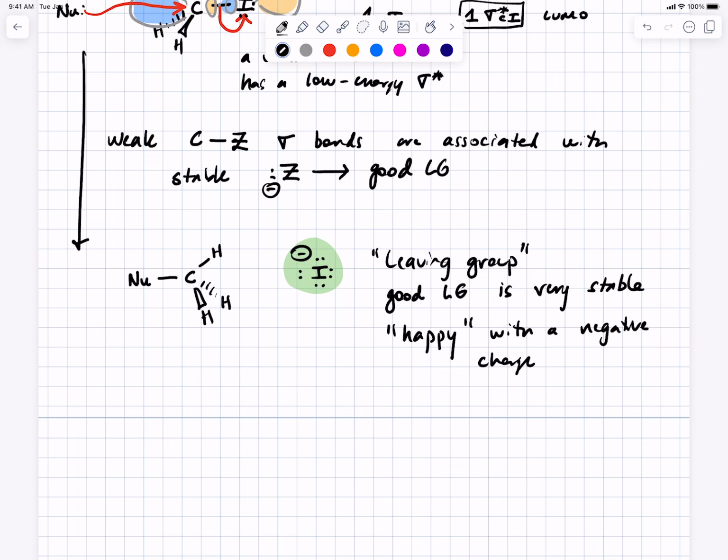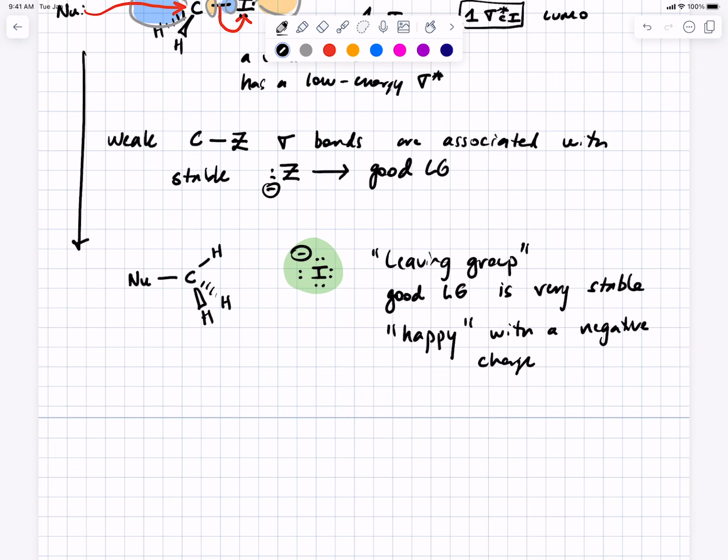You're going to think chapter 2 is about acid-base chemistry, and that's how it's written, but it's actually about recognizing good leaving groups. And that's going to be really important for actually the rest of organic chemistry, which is why we put it at the beginning. Okay.